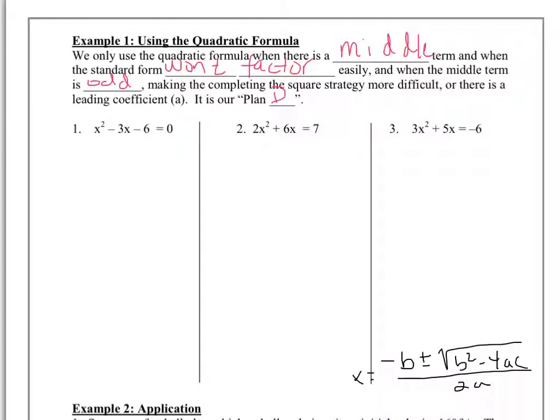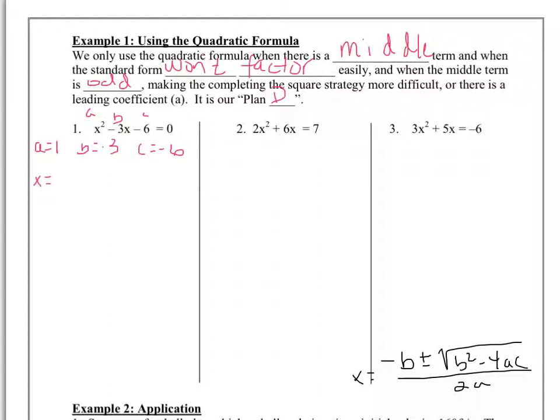Okay, so we know that the letters here, we go A, B, C. Okay, so x squared, the coefficient is 1, so A is equal to 1. B, the coefficient is negative 3. B is equal to negative 3. And C is negative 6. Okay, so now we can just fill in what we know. Okay, so here x is equal to negative b.